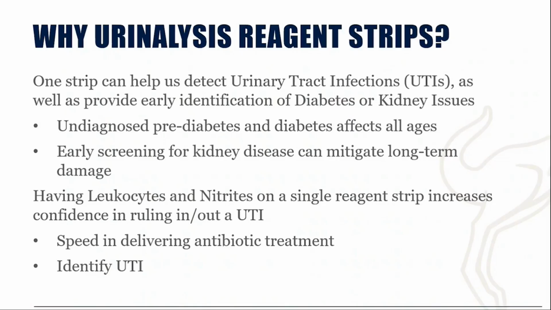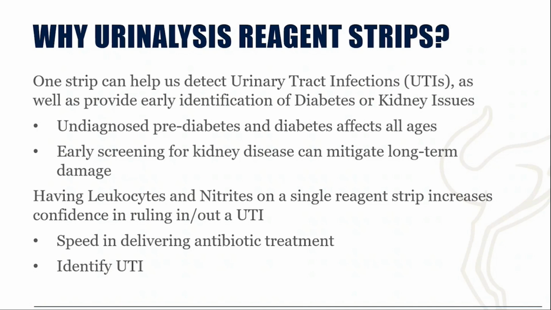With a single urine strip, we're able to also detect early warning signs for chronic disease such as diabetes and chronic kidney disease. In people of all ages, those diseases can be silent or asymptomatic. And early detection is key to clinical management and preserving the quality of life for those patients.